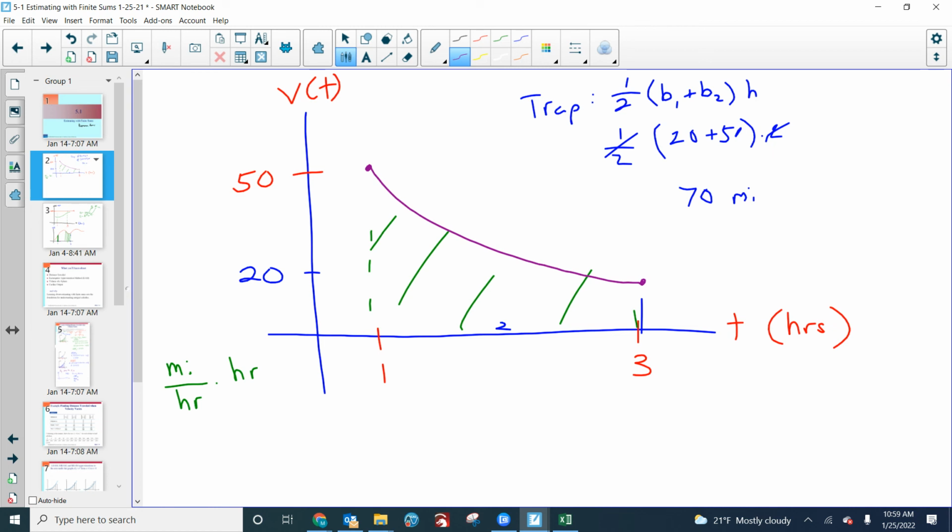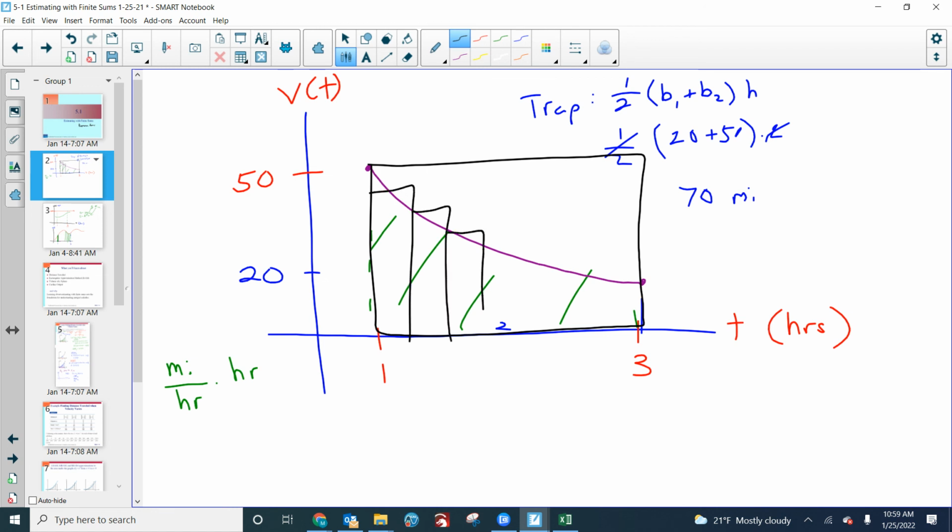What if we broke it up into shapes we know? Is one rectangle going to be enough? That's not going to be a very good estimate. How about that many rectangles?